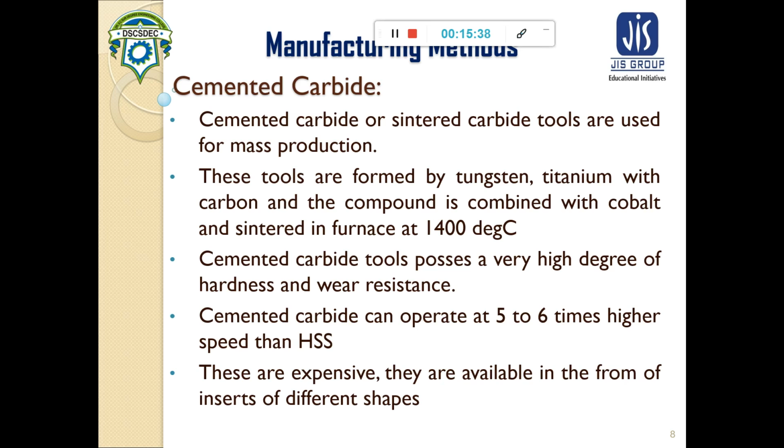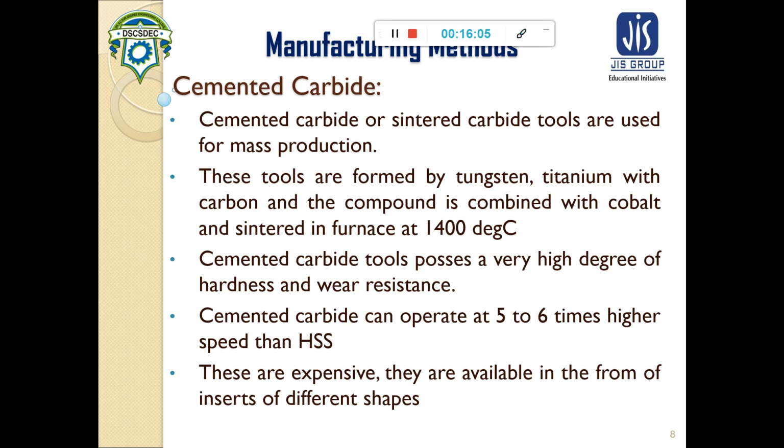So we need to use some cutting tool material that can withstand this continuous loading, and that can be hard enough, so that it can be used for mass production.